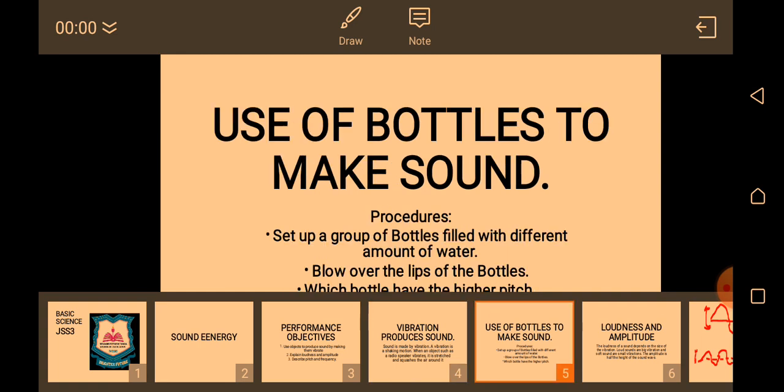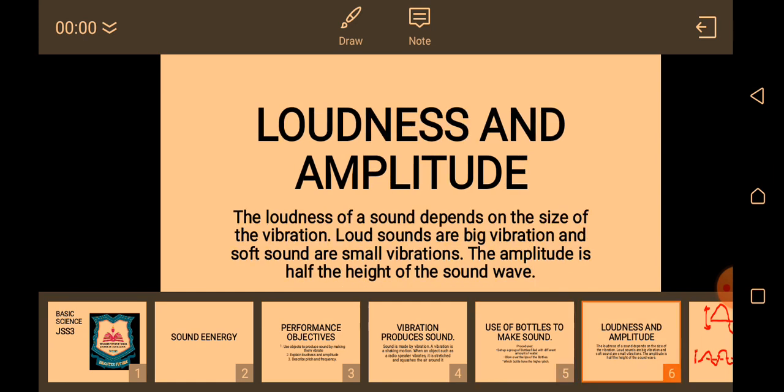Before we look at the object, let's look at the meaning of loudness and amplitude. The loudness of a sound depends on the size of the vibration.